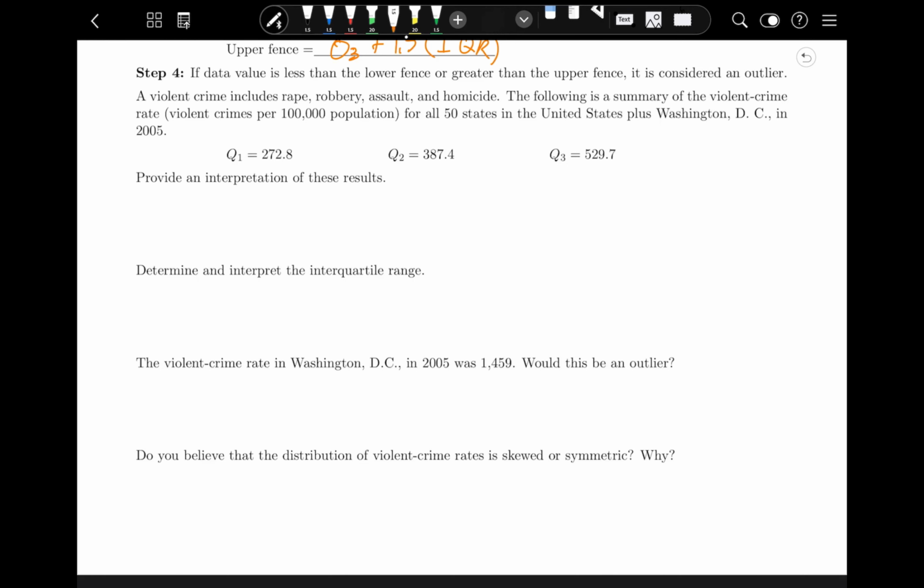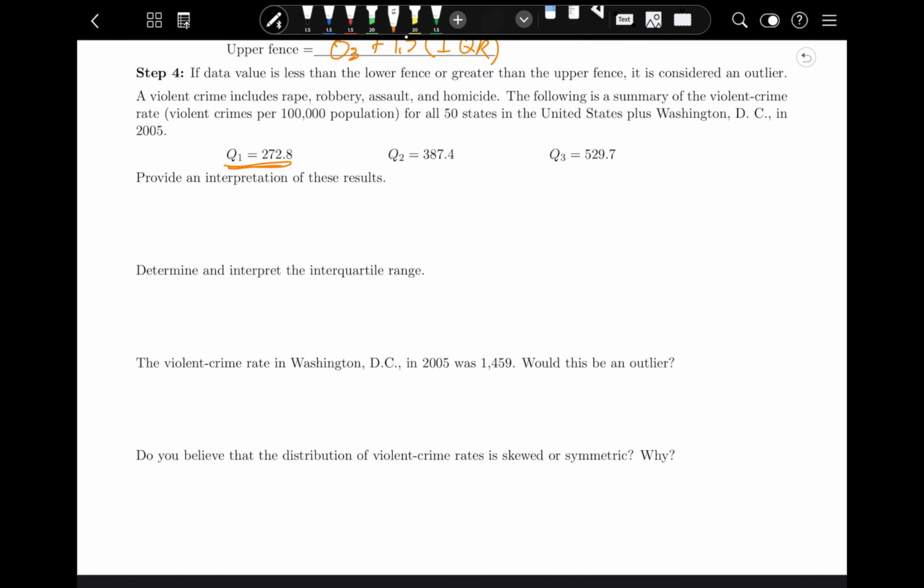First of all, they gave us the three quartiles, and the first thing says provide an interpretation of these results. Well, that's the same thing as what we were doing with percentiles. There are about 6 different ways we could interpret these, but let's just do 1 or 2 together. Let's talk about Q1.